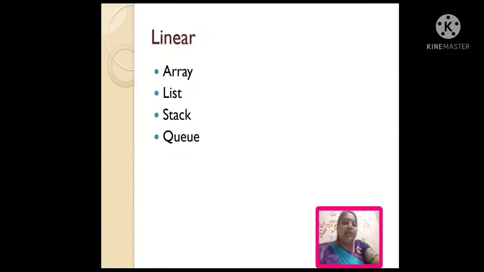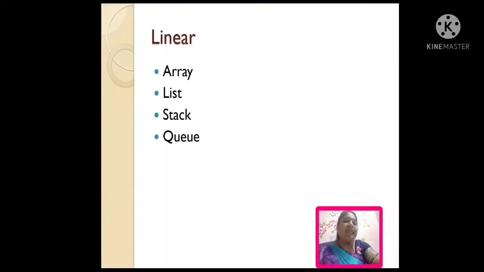Next one is queue. A queue is nothing but a line of anything. It may be a ticket counter, or a queue at an ATM or in a vaccination area. A queue works in a first in first out manner.